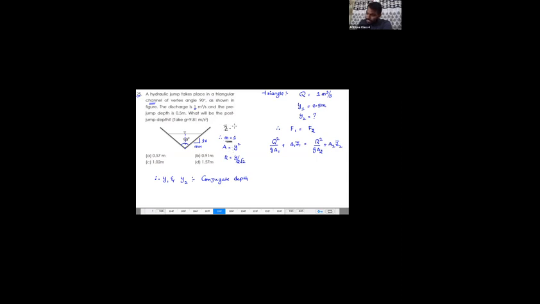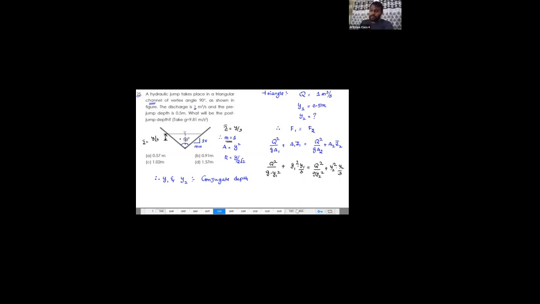And what about Z bar? Z bar is nothing but Y by 3, because you know that the centroid is located at a depth of Y by 3. Now you substitute: Q square by g Y1 square plus Y1 square into Y1 by 3 is equal to Q square by g Y2 square plus Y2 square into Y2 by 3.